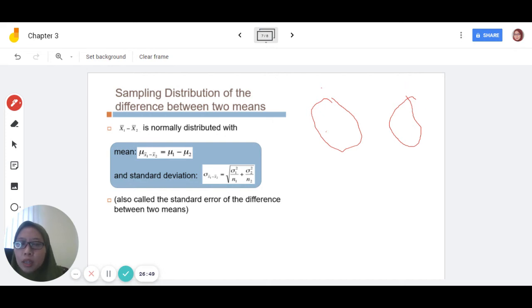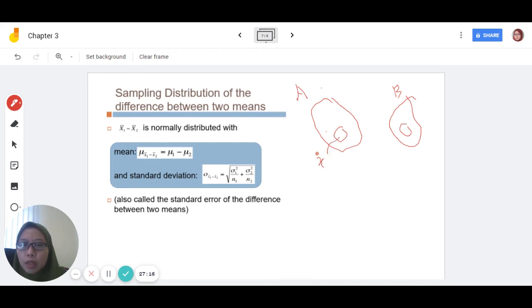You cannot extract the information from the whole population in these two regions. What you can do is get some samples of this population, from region A and region B, and then get the difference between these two populations.